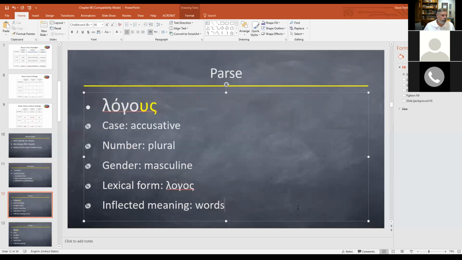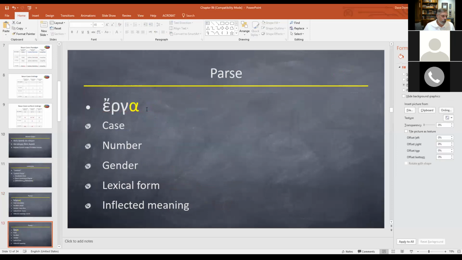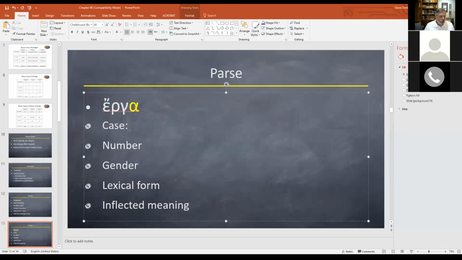You will practice this quite a bit, and so here we've got another word, erga. Its case ending, well, I'm trying to remember now. I have a couple of different options here.